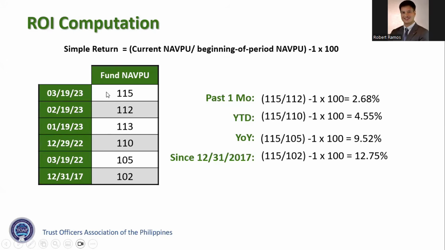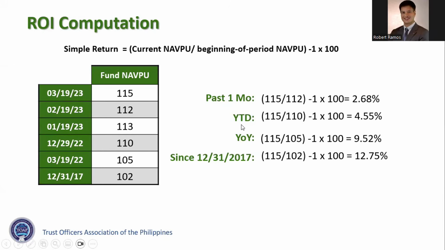For the 1 month return, you simply utilize this number, 115, as your numerator, and the NAV pool 1 month ago as your denominator, which is 112, minus 1 times 100. That gives you a return of 2.68.